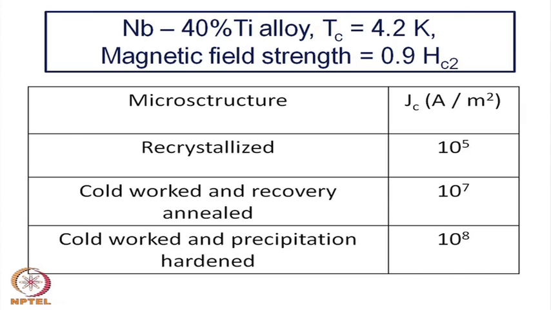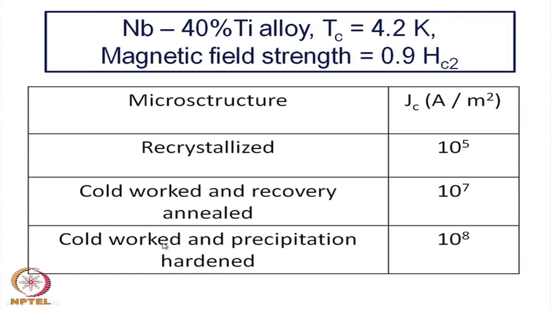So, there are three situations, three different extents of dislocation density. Recrystallized material has the lowest dislocation density, whereas next is the cold worked and recovery annealed, that means this is also annealed. So, this is the lowest dislocation density, this is the next lowest, and this is the highest: cold worked and precipitation hardened.